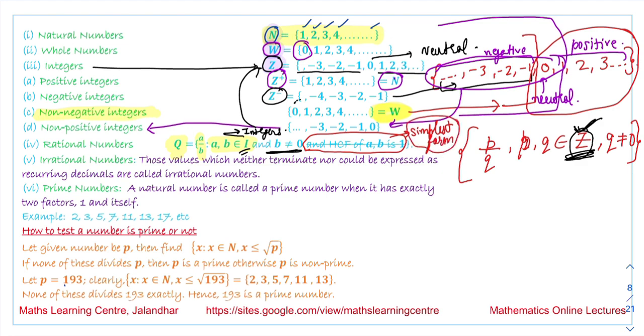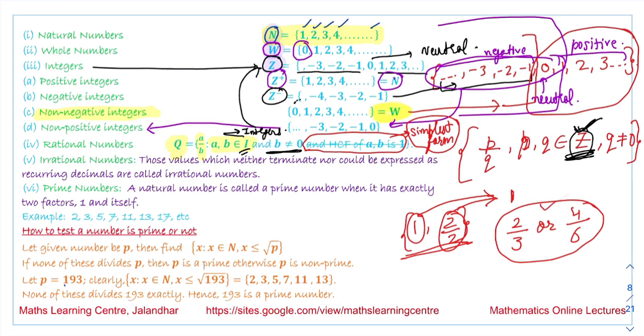This is just so that repetition is not allowed. If we are writing 2 by 2 or we are writing 1, both are representing the same integer, the integer 1. Similarly, if we are saying it is 2 by 3 or we are writing 4 by 6, both are representing the same rational number.